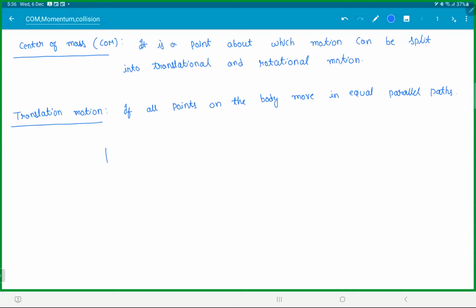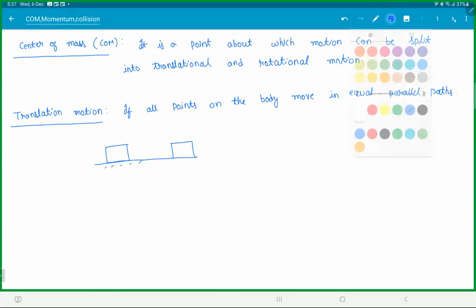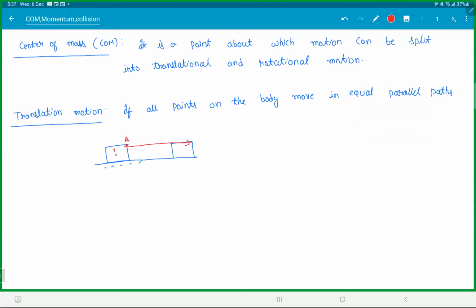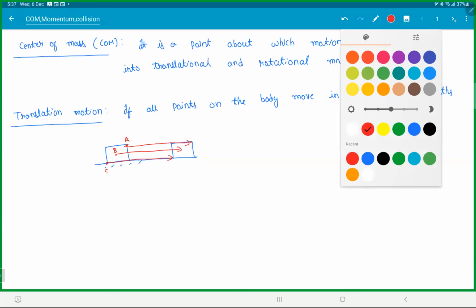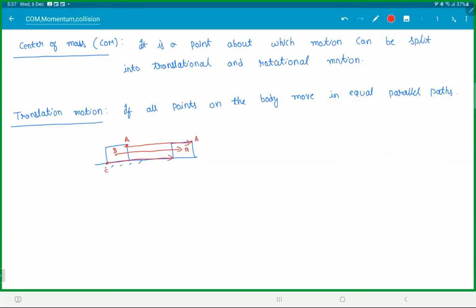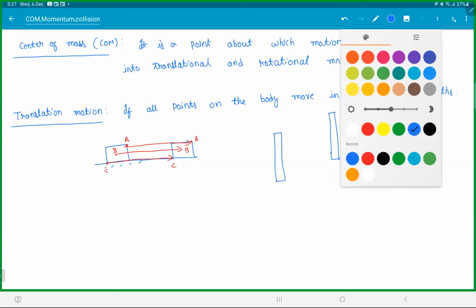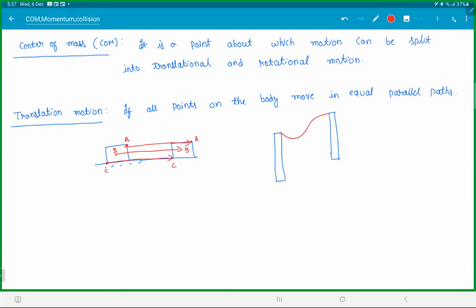Meaning, for example, if you take a block like this, when the block has gone from here to here, if this is point A, it goes like this. If this is B, it goes like this. If this is C, it goes like this. All the paths were equal and parallel. But you could have done something like this also. We have a rod like this, and this rod is taken like this.